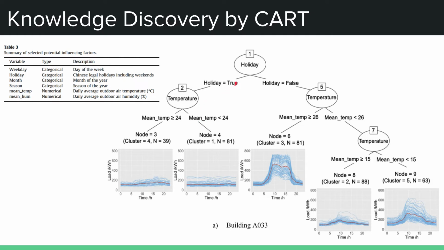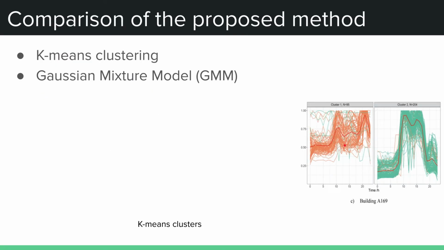They identified 6 features and trained the decision tree on them, and from that we can see that holiday and temperature are the most influential factors.